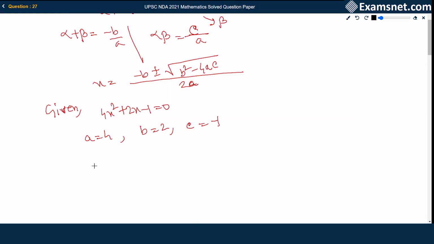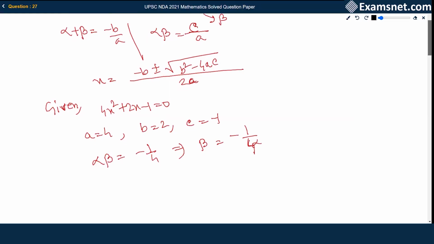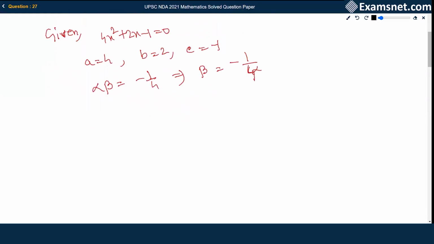So if alpha and beta are two roots, alpha beta equals minus 1 by 4, so beta equals minus 1 by 4 alpha. Also the sum of roots, alpha plus beta, equals minus 2 by 4, that means minus half. Now let's substitute the value of beta: alpha minus 1 by 4 alpha equals minus half.